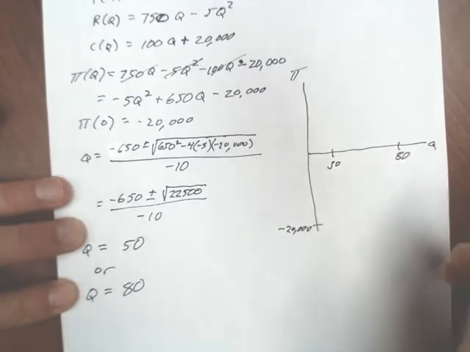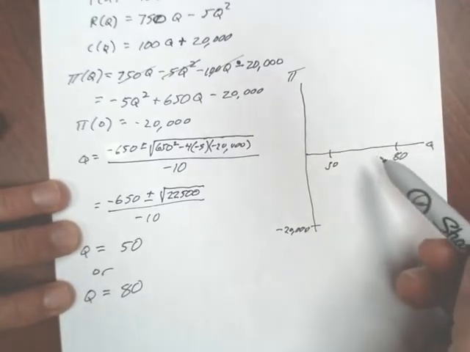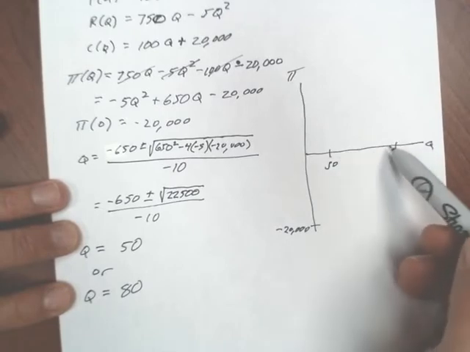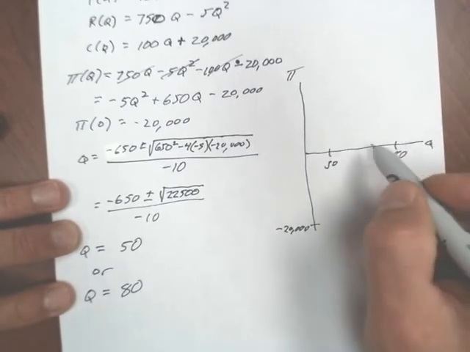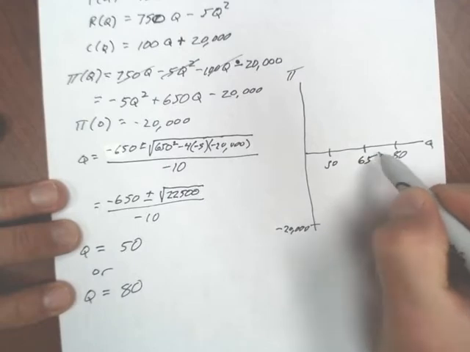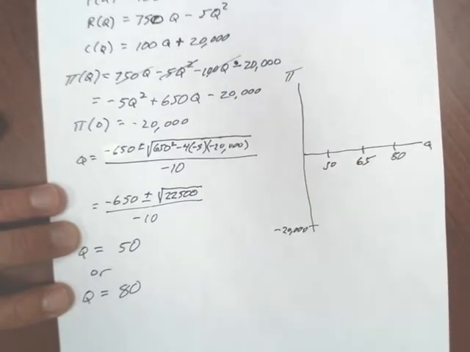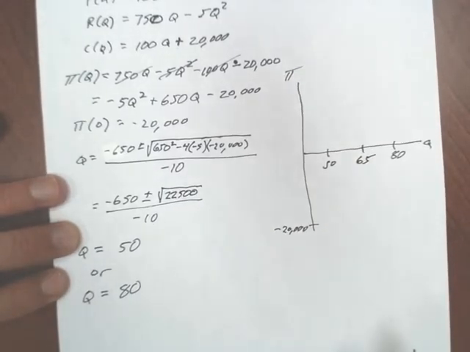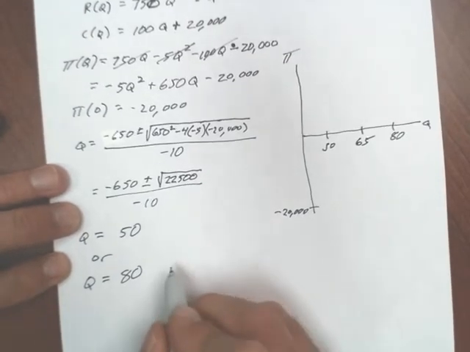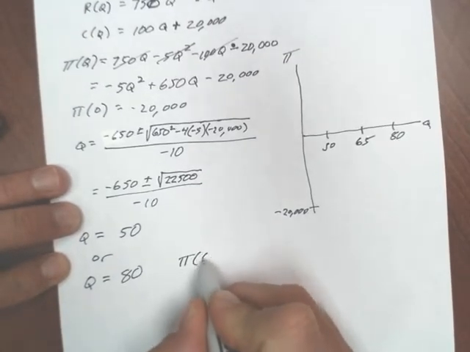Okay, so here's 50, here's 80. Where's the axis of symmetry? Well, there's 30 units between there, so it's going to be 50 plus 15. It's going to be at 65. So 65 is my profit maximizing level of output.